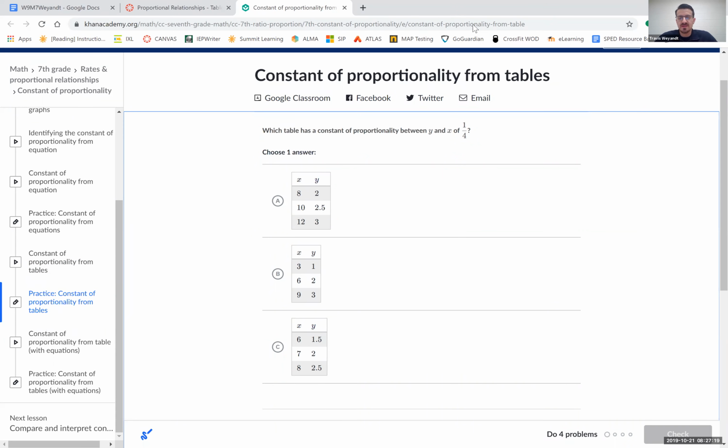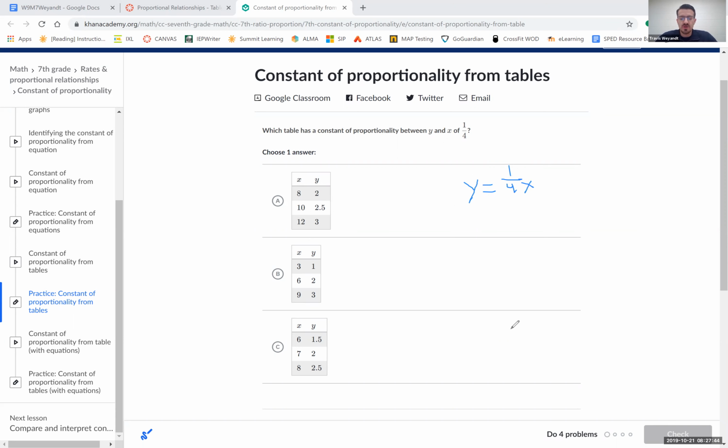My equation could be y equals 1/4 x. So if I look at these tables, if I put the x values in for x and multiply that by 1/4, am I getting the same y answers? Which table reflects the constant of proportionality between y and x?